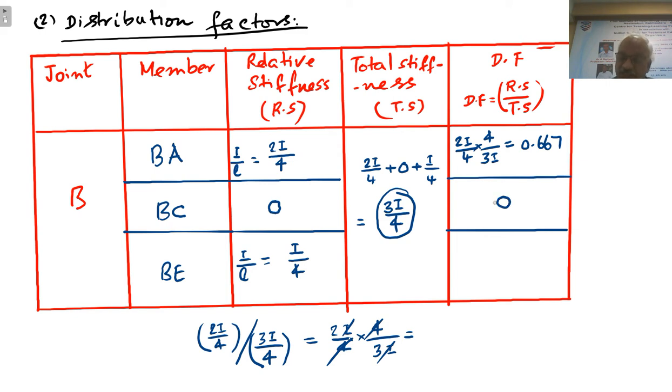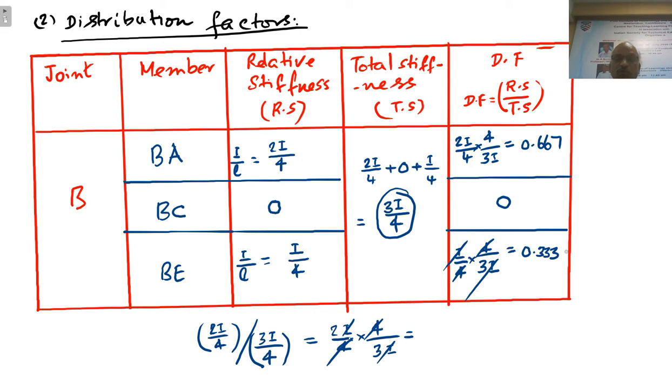For BE it is I by 4 into 4 by 3I, so I and 4 get cancelled, and this is 1 by 3 or 0.333.